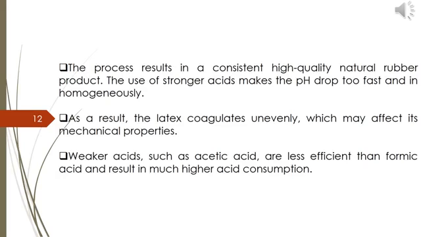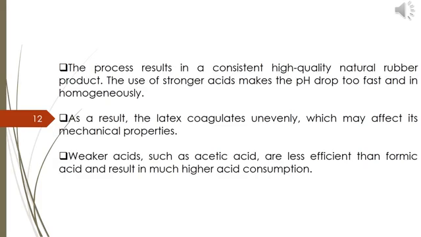So the use of stronger acids makes the pH drop too fast and inhomogeneously. If we use other stronger acids, what will be the drawback? The pH drop will be too fast, and that will not be homogeneous. As a result, the latex coagulates unevenly if the pH drop is too fast, too speedy, and not homogeneous. So coagulation will be uneven, and it will of course have a negative impact on the mechanical properties.